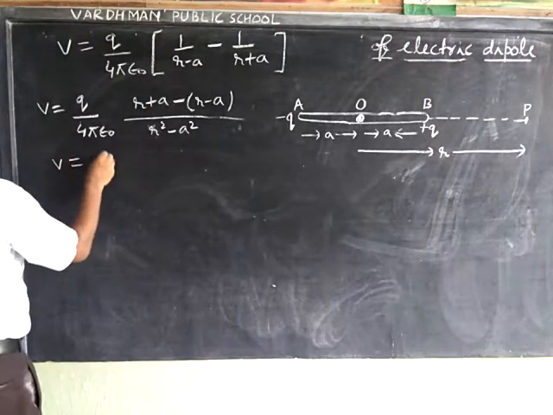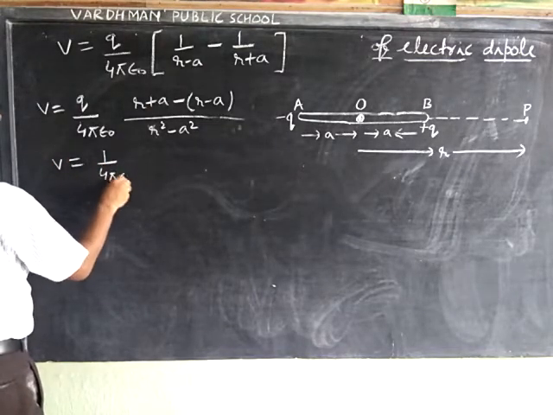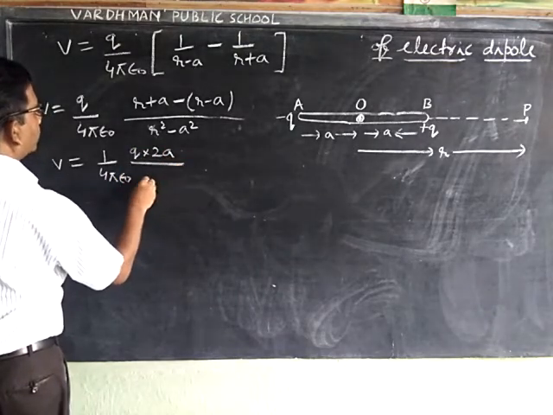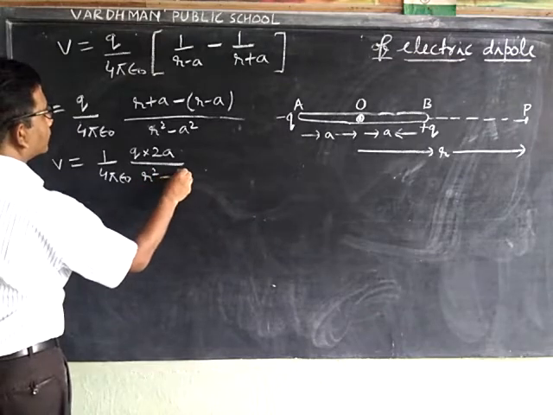V is equal to 1 upon 4 pi epsilon naught Q into 2A upon R square minus A square.